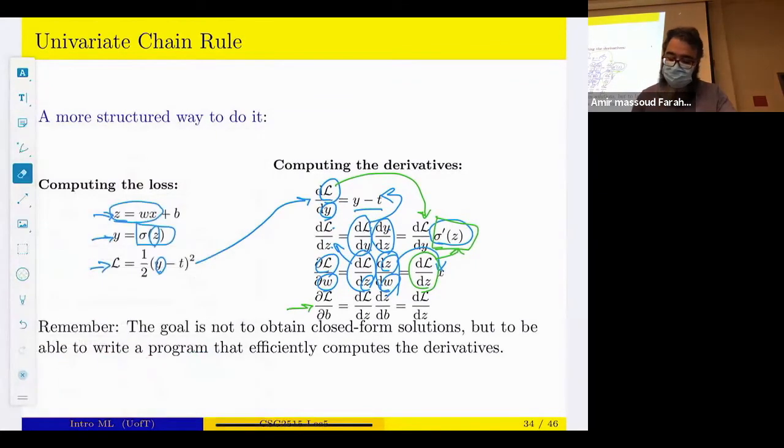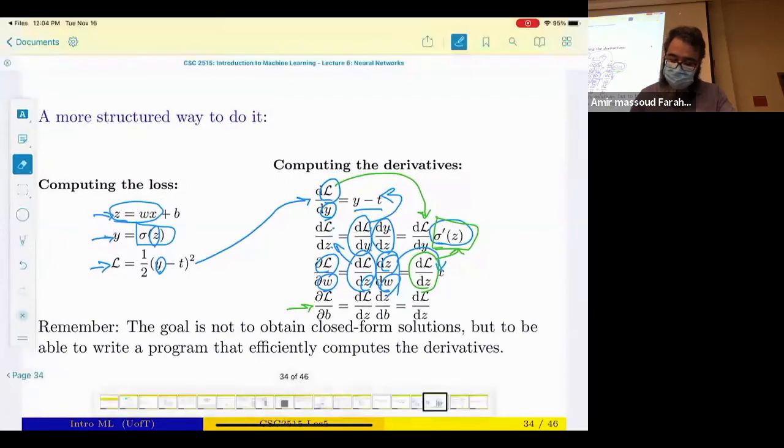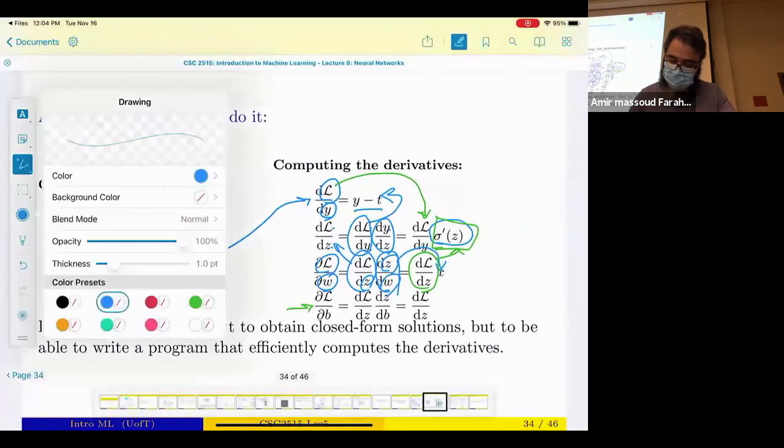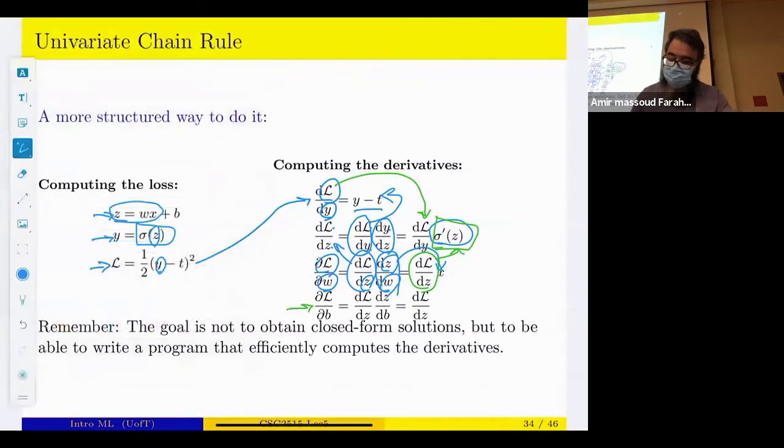So here what is important is that we can compute all the necessary derivatives just by moving backwards from the end in a very systematic way. In each step, what we need is just the information from the previous step, or the next step, I guess it depends which direction you go.